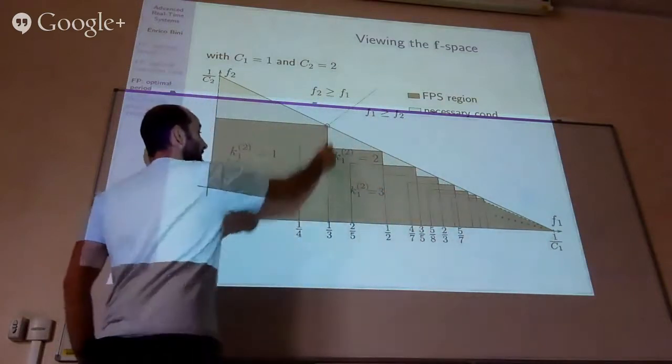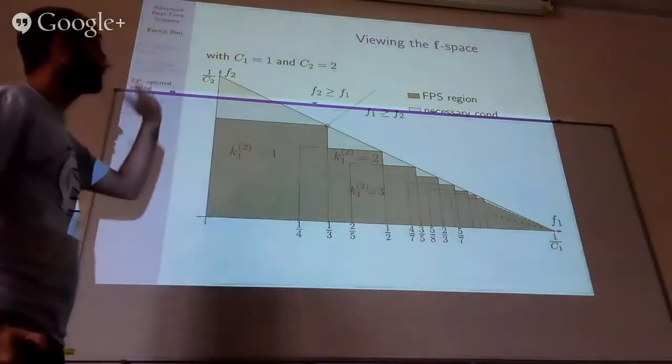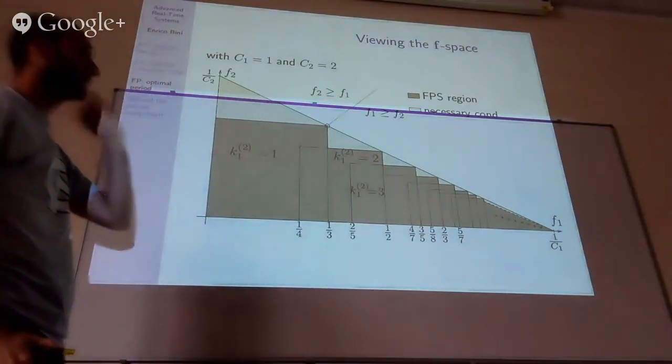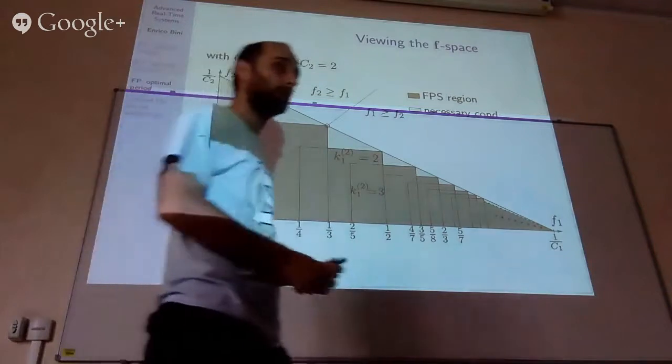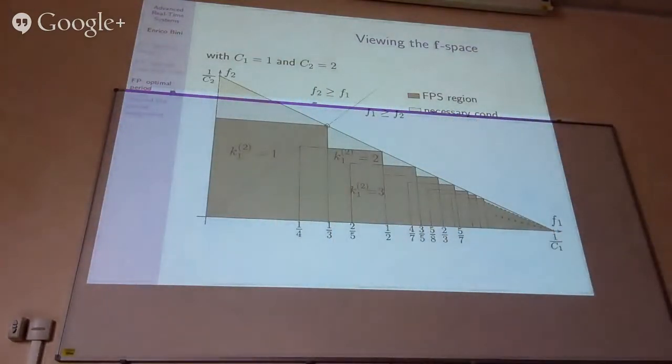You do the union, and then you do the intersection, meaning that you consider also the schedulability of all tasks. This is somehow a sort of proof that the shape of the schedulability region that we guessed is exact.